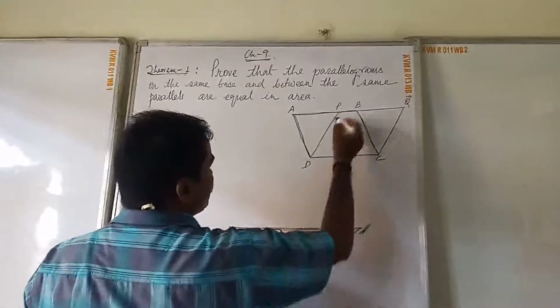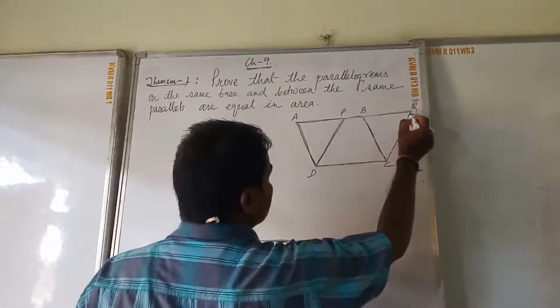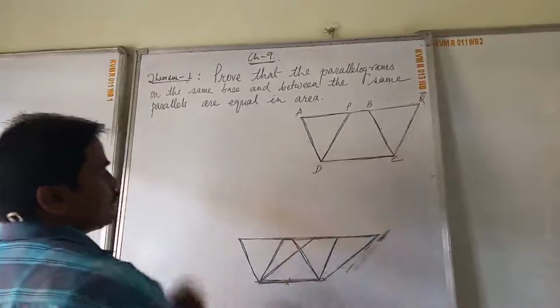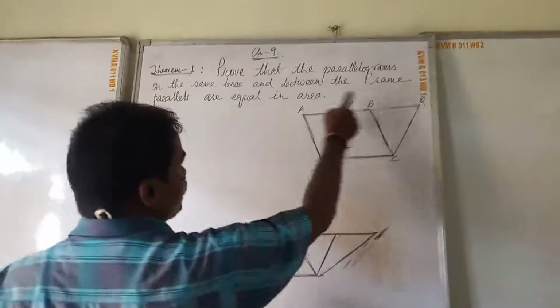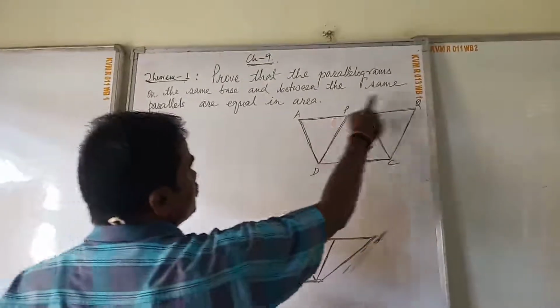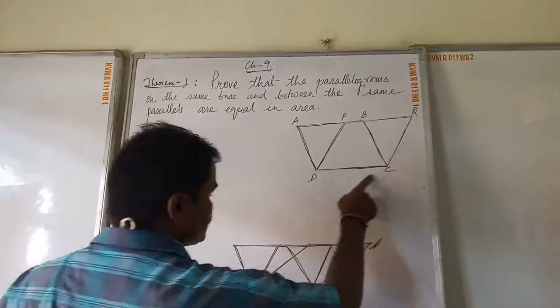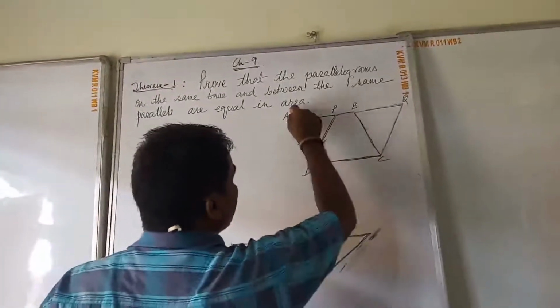And another parallelogram, PQCD, this is another parallelogram. So there are two parallelograms here, ABCD and PQCD. They are lying on the common base DC and between the same parallels DC and AQ.